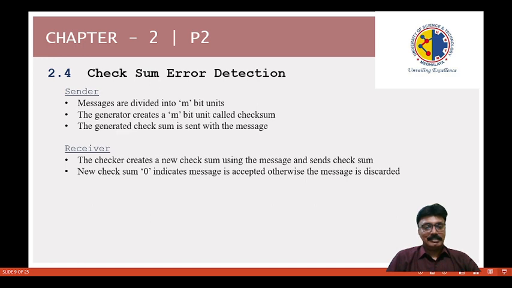The checksum is sent with the message. The checker, on the receiver side, creates a new checksum using the message and the sent checksum. If the new checksum value is 0, it indicates the message is accepted without any error. Otherwise, the message is discarded in case of error.